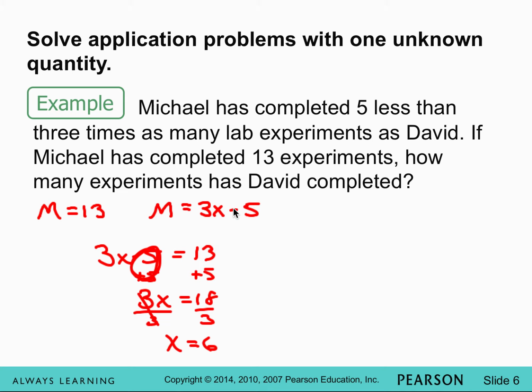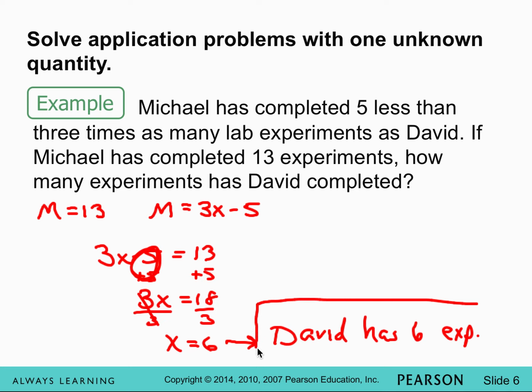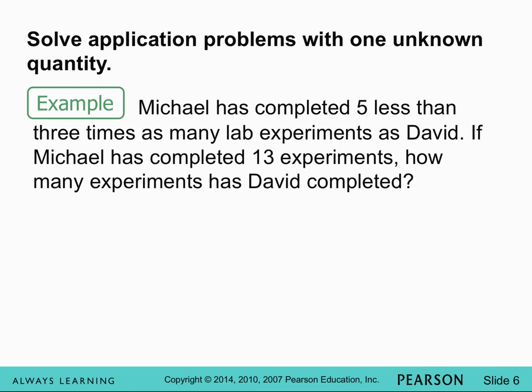So now I've got to say David has completed 6 experiments. If I'd used a D, I could have just said D equals 6.